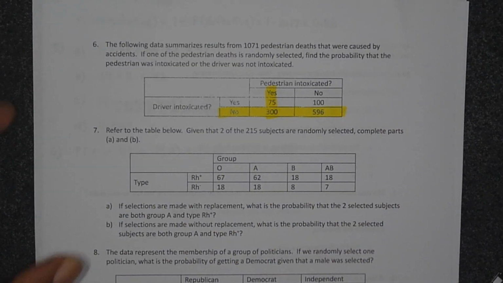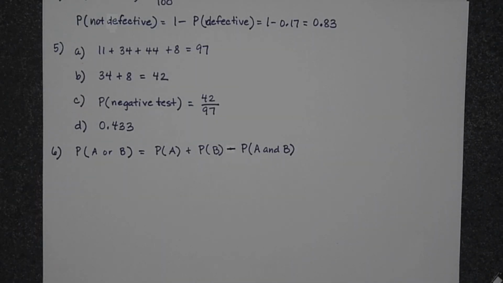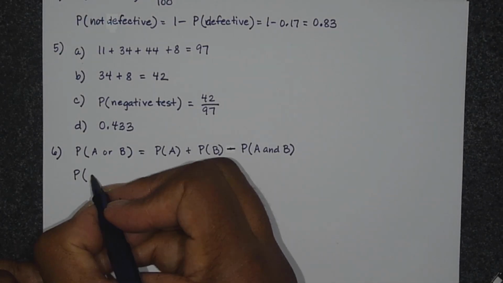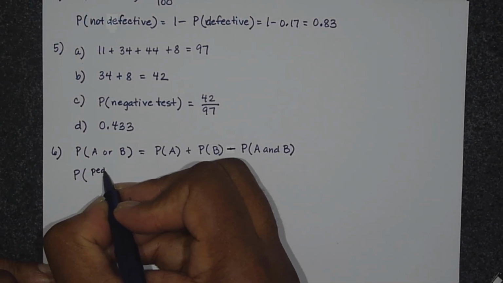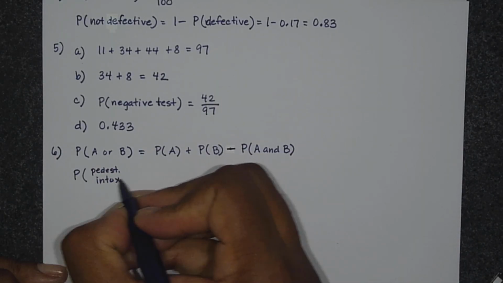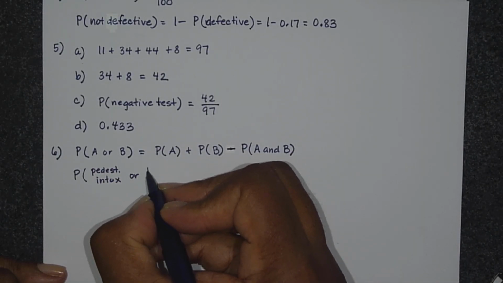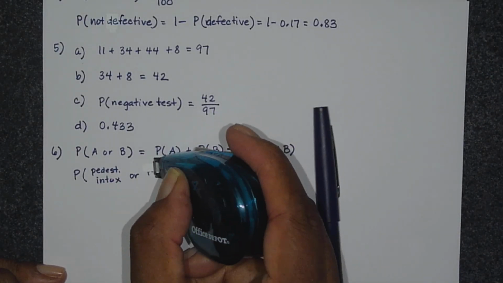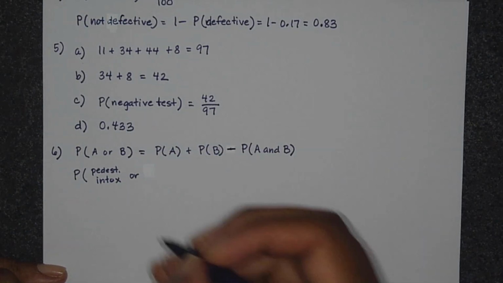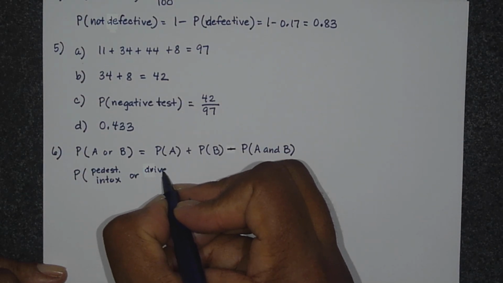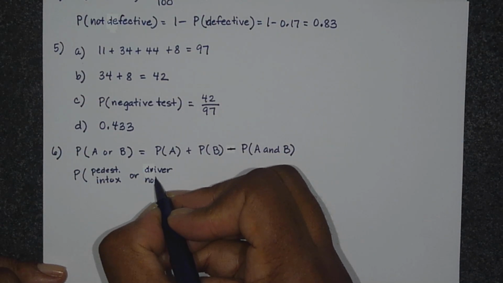All right, so what we're going to do here, find the probability that the pedestrian, and I'm going to abbreviate here, was intoxicated, or the driver not intoxicated.